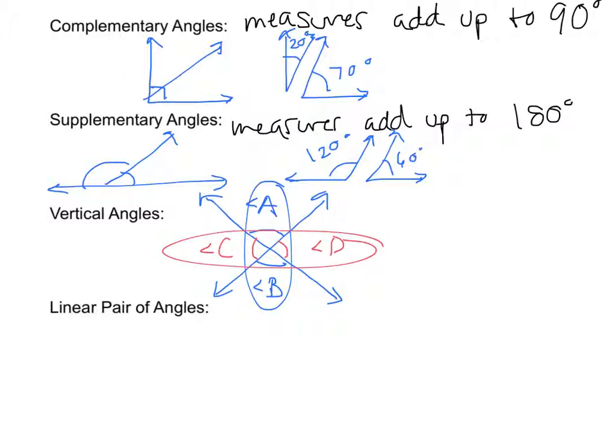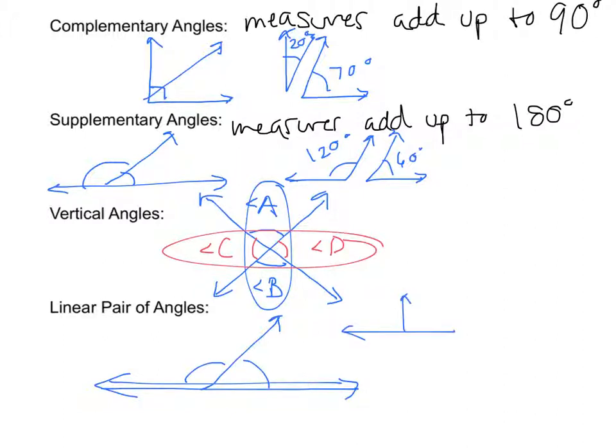So a linear pair of angles is similar to supplementary angles, except that they have to be on the same line and they have to share a side. So this works, but this does not work, even if they add up to 180.